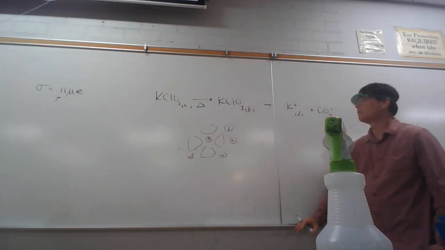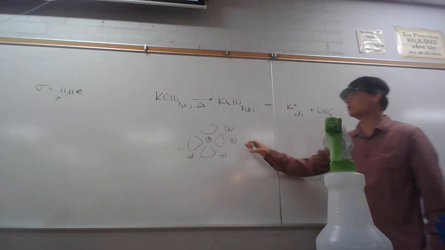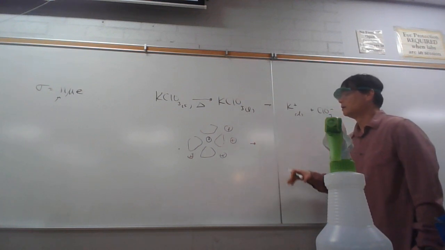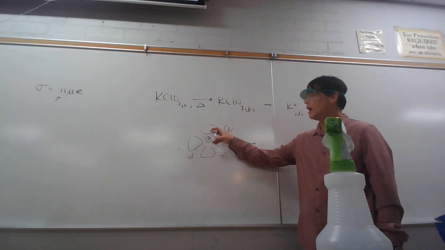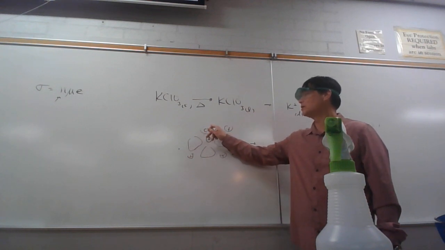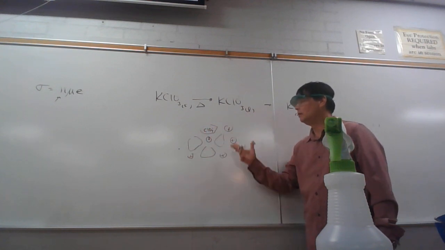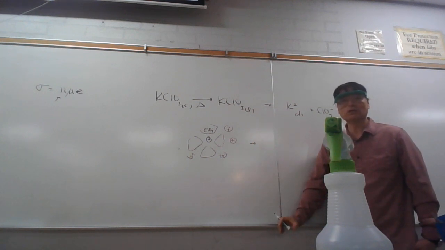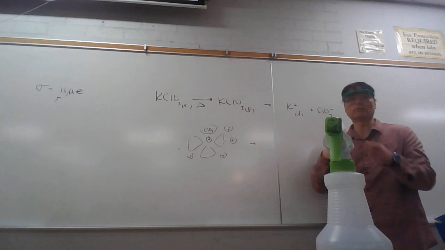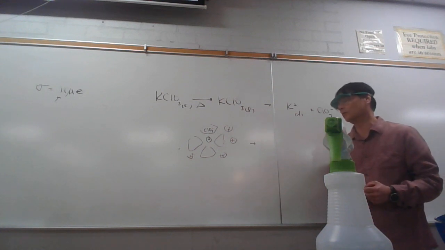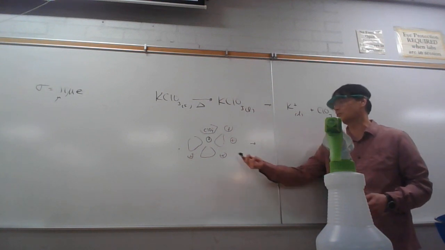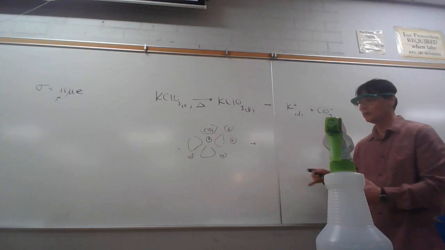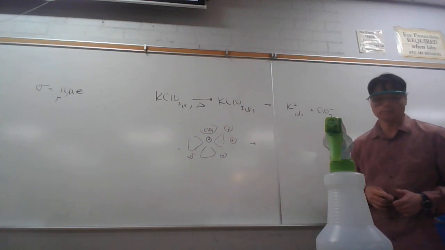And then when you melt it, you break apart the lattice. In a lattice, we have an orderly arrangement, but in the molten salt, it's going to have some disorder to it, because they're all moving around. So it's not going to be an orderly arrangement. This is nice and crystalline, but the liquid would be kind of amorphous and in motion.